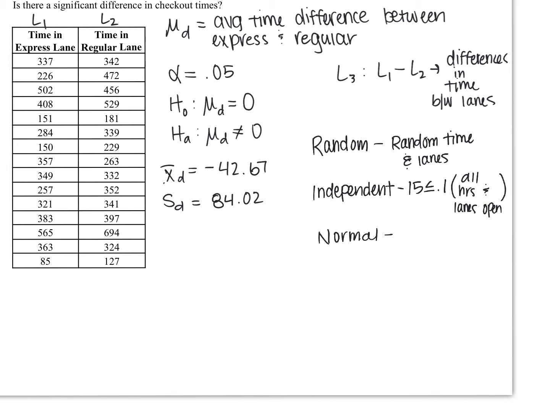I know I've talked about doing a box plot on all of these, but you can actually do a bar graph as well. And a bar graph actually might work a little bit better in this instance, and it might be a little bit easier to tell if a distribution is normal. So if we look at the graph, it is approximately normal.